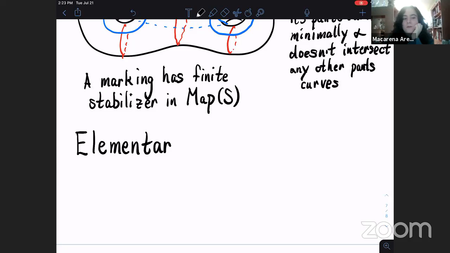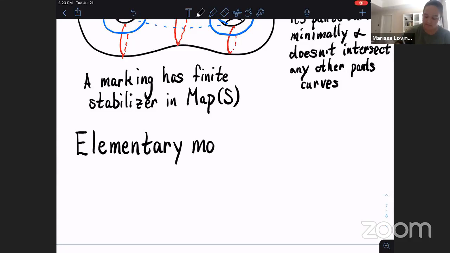You can unmute yourself, Jesus, if you want. Oh, yeah, exactly. I think Ian is exactly right, that you could just take a collection of filling curves, and you only need two curves to fill a surface. Great. Okay, awesome.